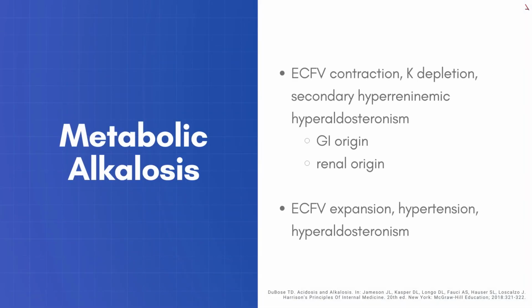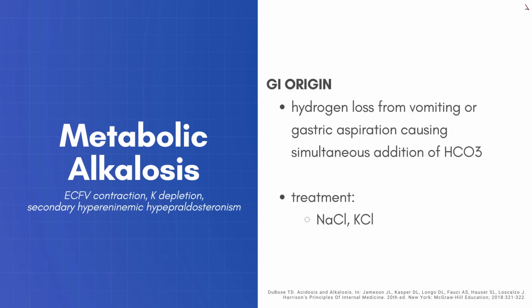Metabolic alkalosis can be associated with ECFV contraction, potassium depletion, secondary hyperaldosteronism, or it can be associated with ECFV expansion, hypertension, and hyperaldosteronism. So for GI origin, there is hydrogen loss from vomiting or gastric aspiration causing simultaneous addition of bicarbonate, and this is corrected with sodium chloride and repair of potassium deficit with potassium chloride.